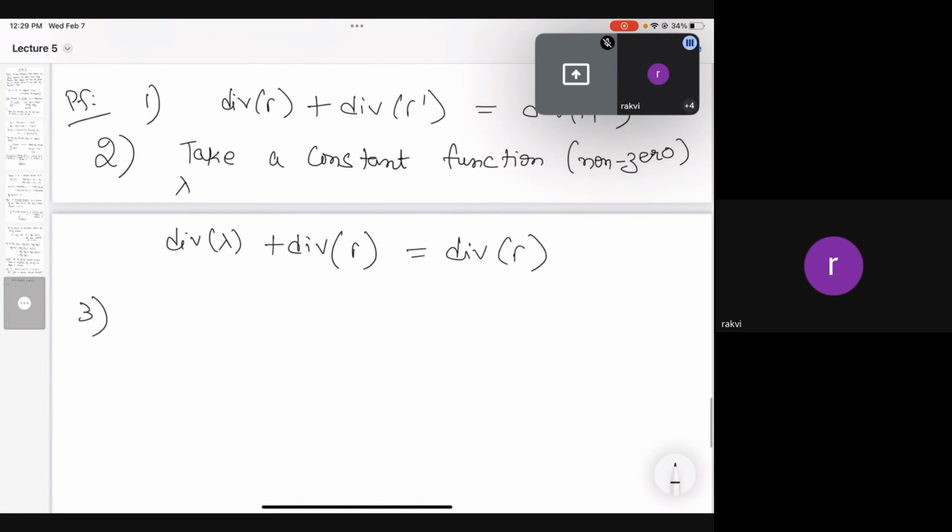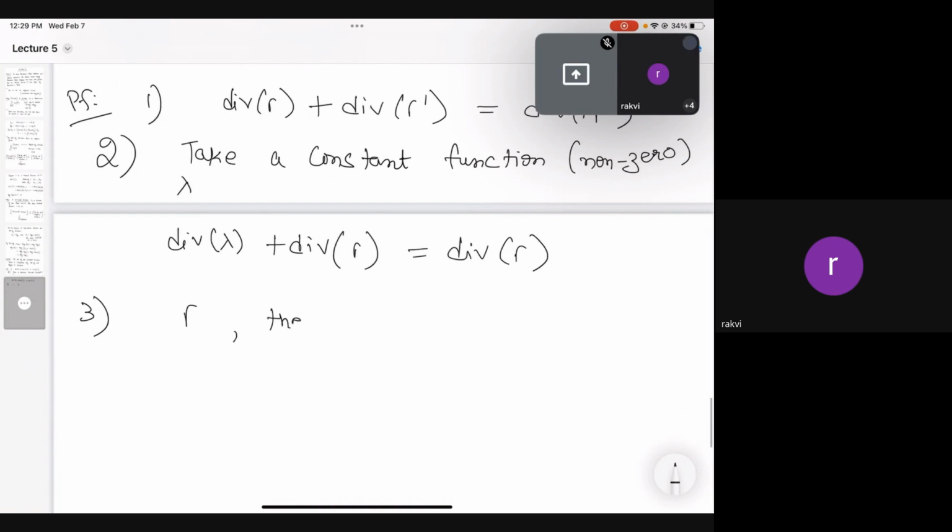And additive inverses. Basically taking the reciprocal would switch the order of zeros and poles, right? So if we start with a rational function r, take r prime as 1 over r.